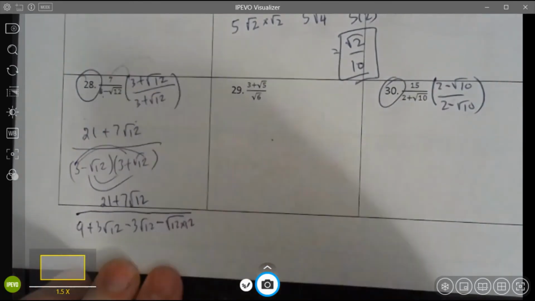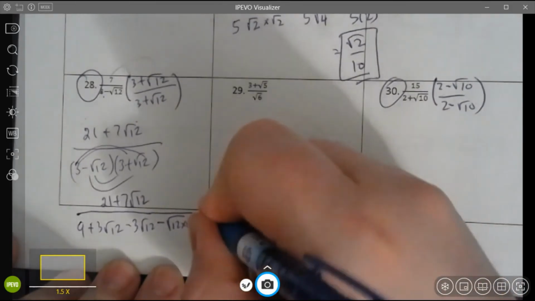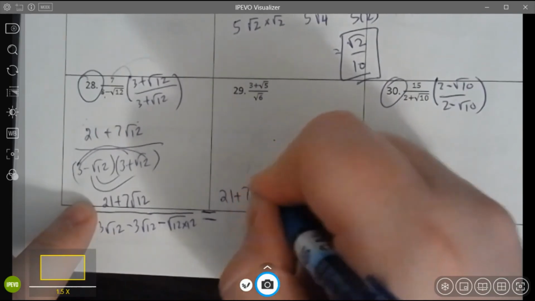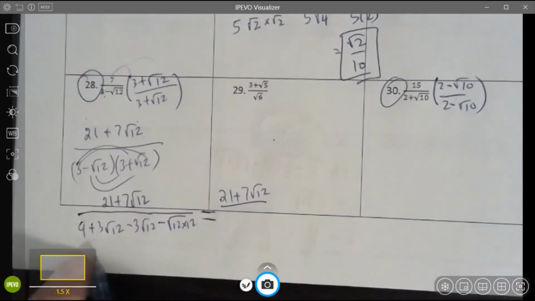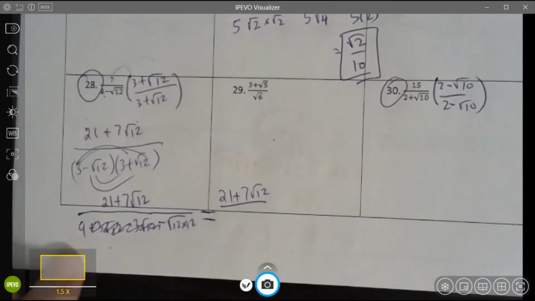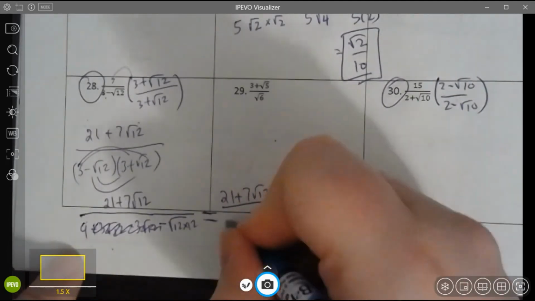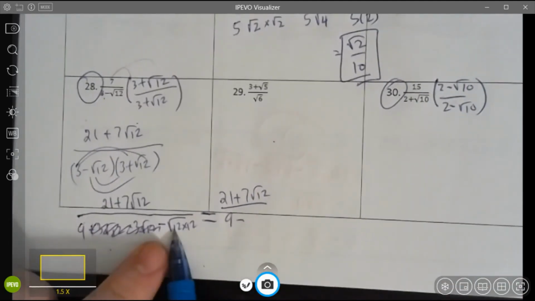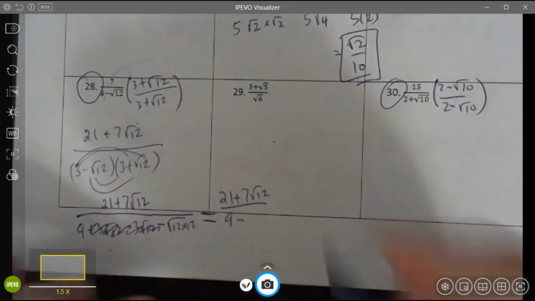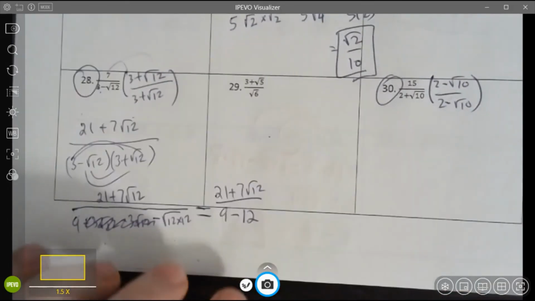So I'm going to simplify this. On top, 21 plus 7 square root of 12 over, notice, positive 3 square root of 12 and negative 3 square root of 12 cancel. So this is 9 minus, and then 12 times 12 is 144, and the square root of 144 is just 12.